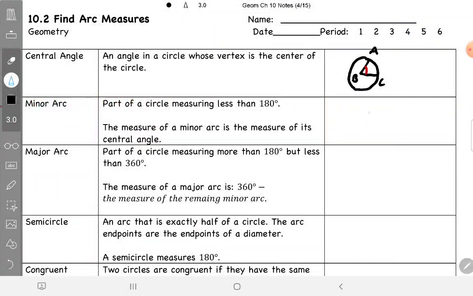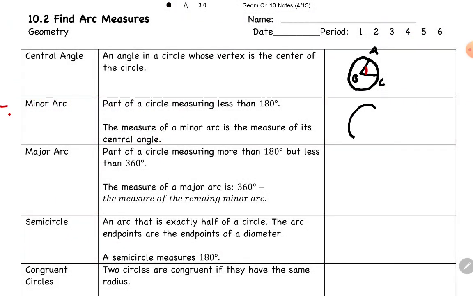A minor arc is a part of a circle measuring less than 180 degrees.